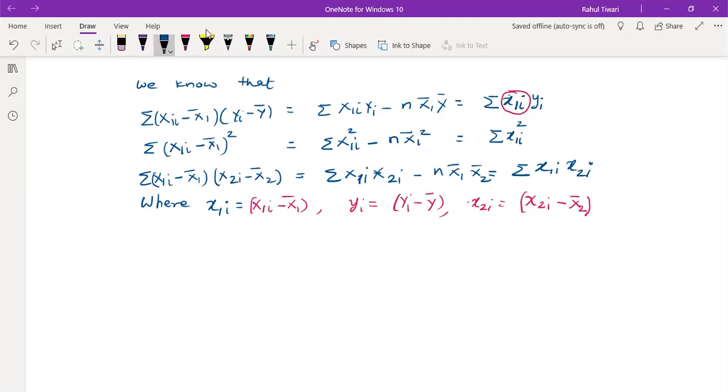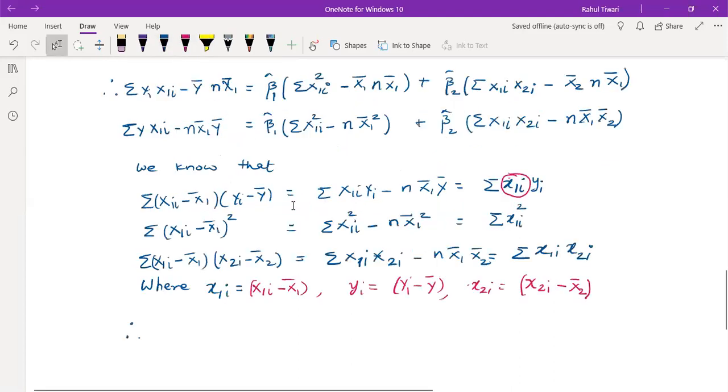Okay, so now therefore what could be your expressions based on these notations? If you just see the expressions, your left hand side is this, right? And the left hand side is this expression.